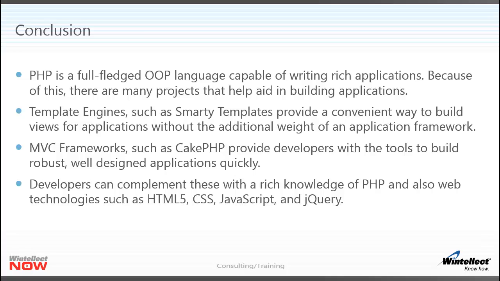So if you're going to build medium-sized or small applications, you might want to consider just using a template engine without adding the weight of something like an MVC framework, such as Cake PHP, or if you're just going to use something more procedural rather than something more object-oriented, which you can do both inside of PHP.